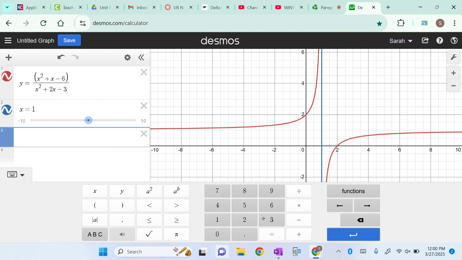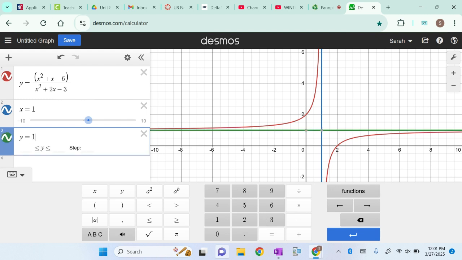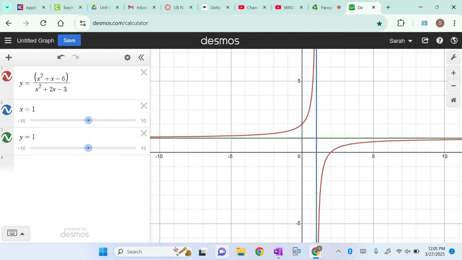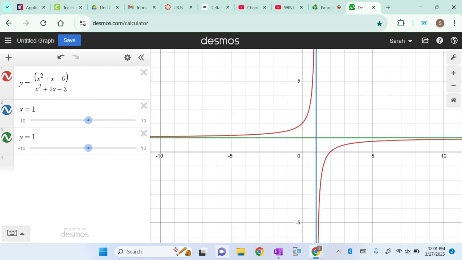Y equals what? Y equals 1. Is that what I wrote? Y equals 1? Okay. So, look at the graph now. The horizontal and vertical asymptotes are those two lines. Does it look like your graph crosses those two lines at any point? No.